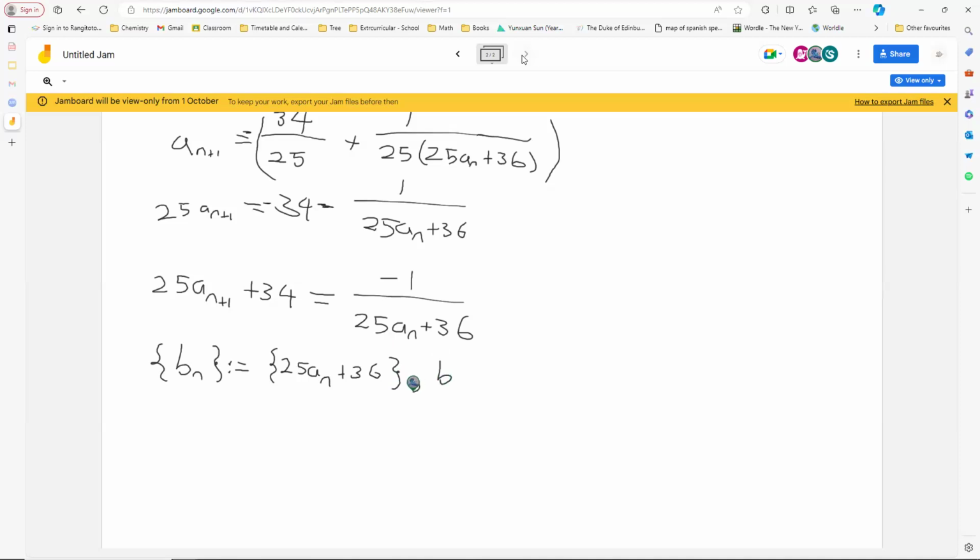This means that B of 0 is equal to, well, we said that A0 was equal to 1. So we have that B0 is just 61. So we start with 61.